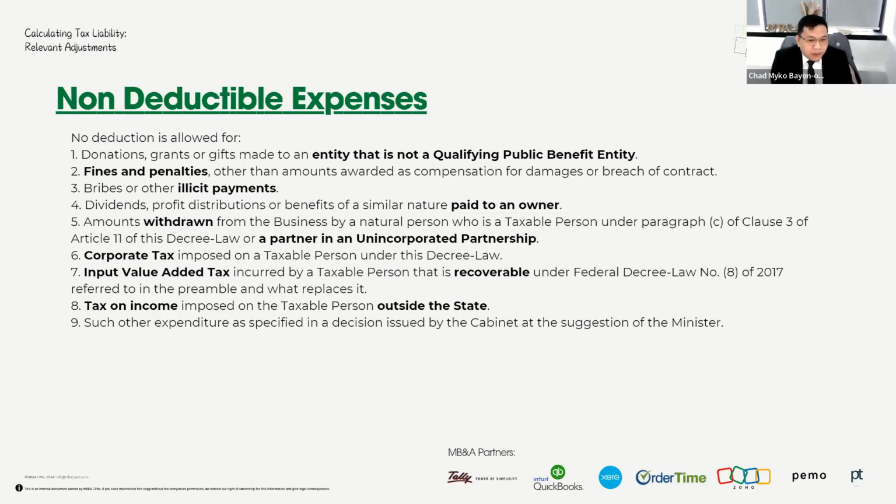So if you have made some withdrawals for the unincorporated partnership, then that shouldn't be considered as deductible expenses. It's as if you are the owner as well, and a portion of your withdrawals will be considered as if you are doing profit distributions, and in this case, that will not be deductible expenses.